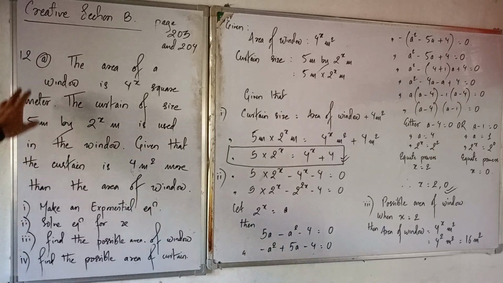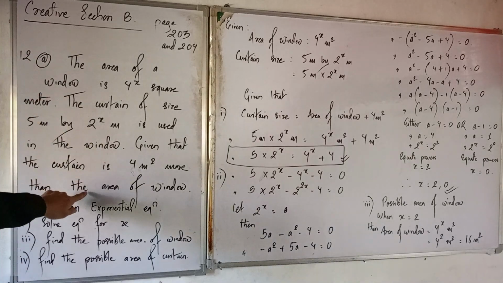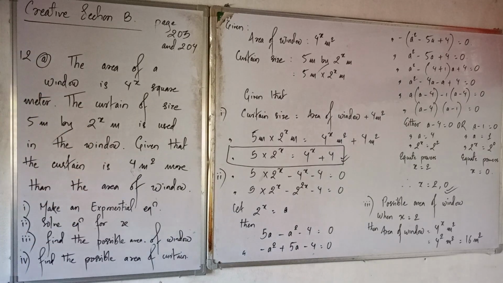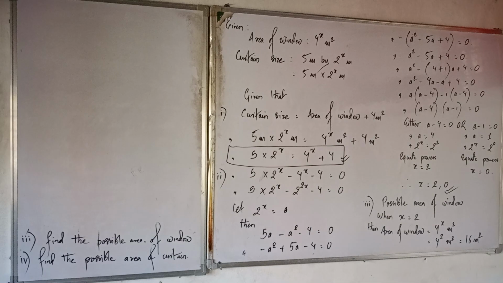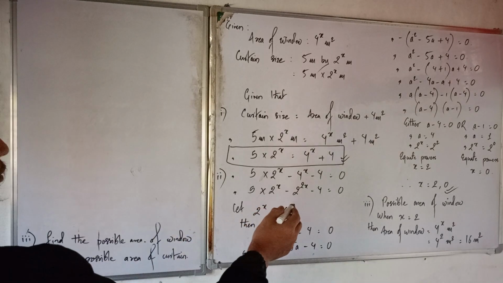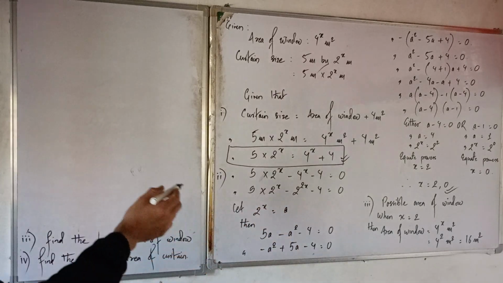So I'm going to rub this part. From here to here you will be needing that no more. So by putting the value of x equals 2, you will get the area of window 16 meter square.